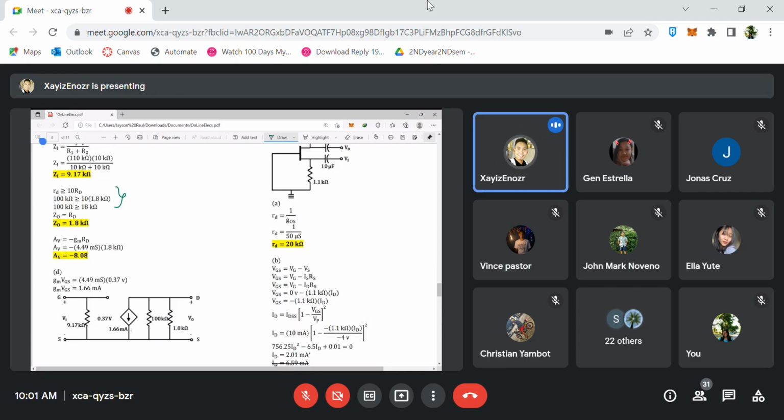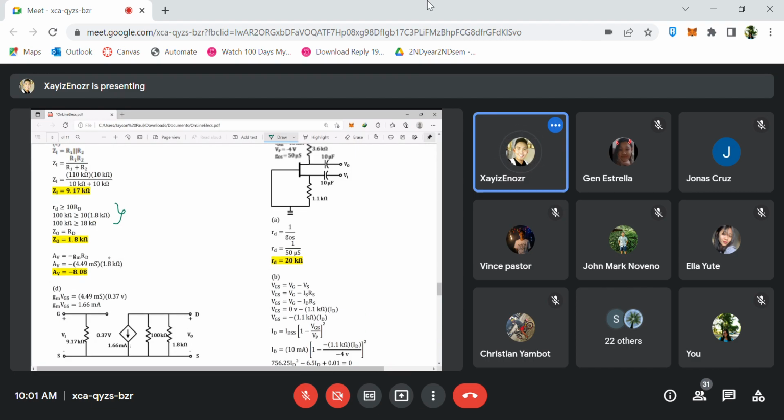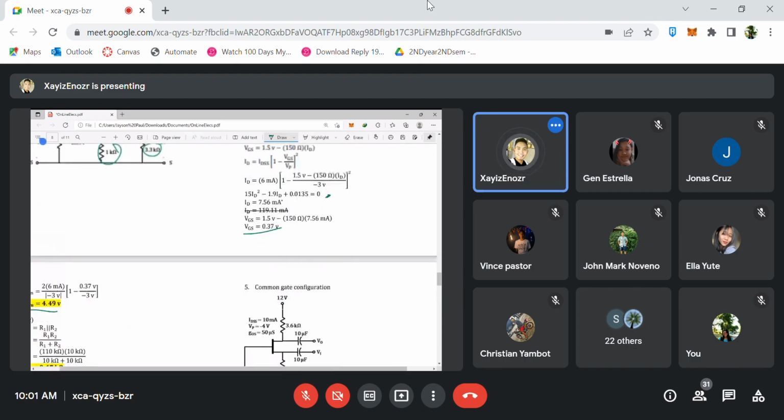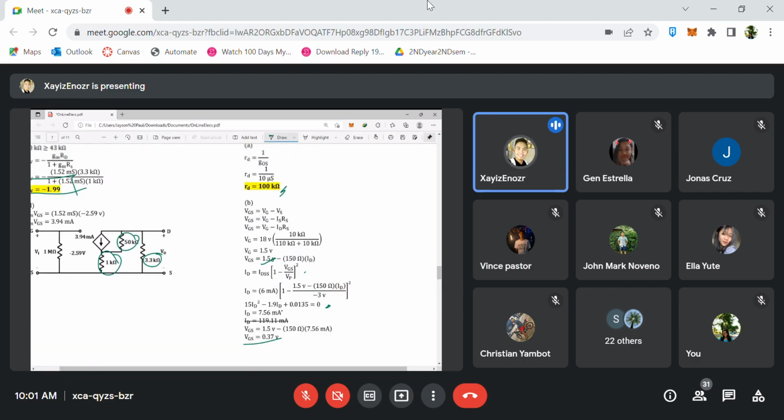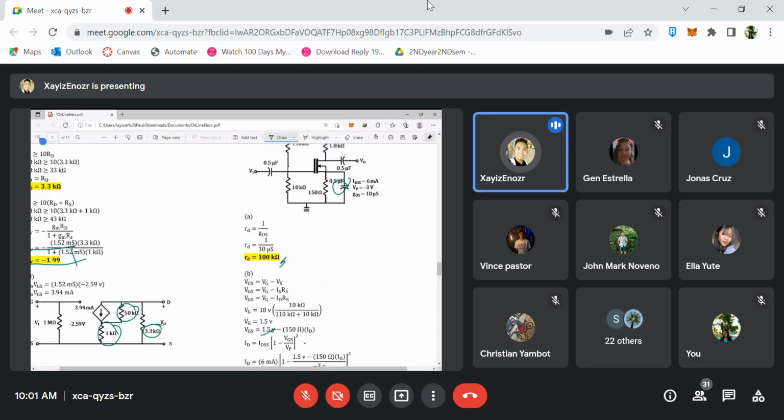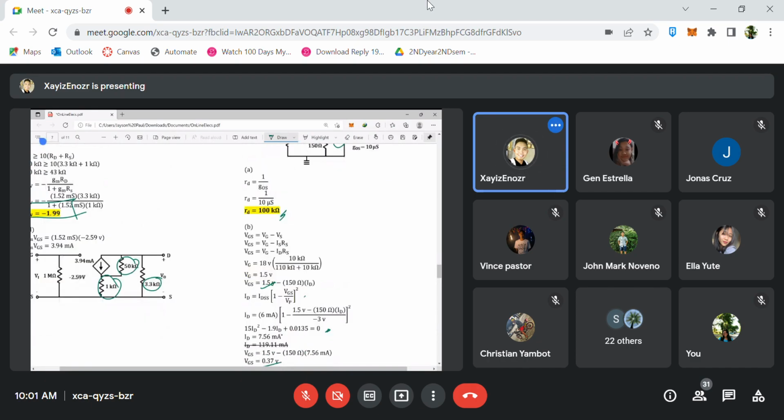So that's it. So ano yung mga key parameters na kailangan mong malaman dito sa FET analysis ng FET amplifier? Ano yung mga parameters na kailangan mong ma-solve or ma-determine bago ma-fully analyze yung circuit?